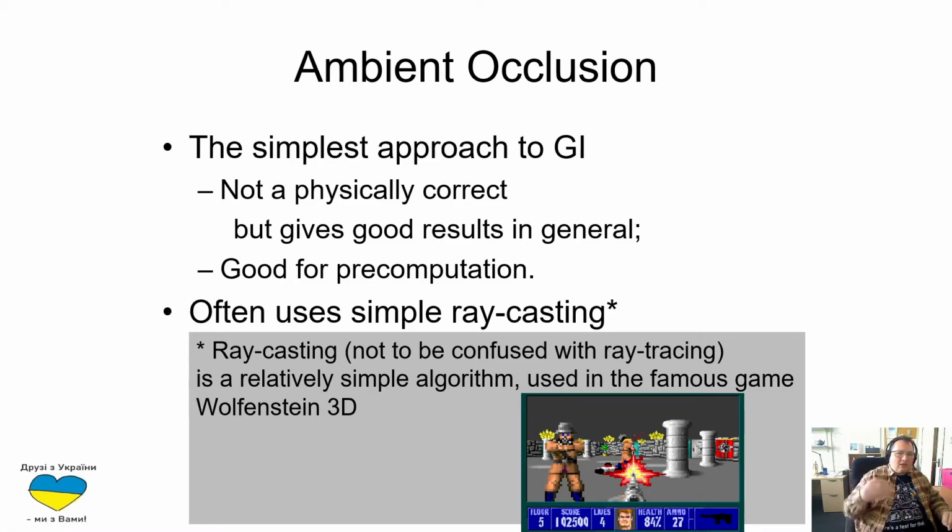Basically, ray casting is scanning the 3D surface in order to find the closest surface to the given surface. And if you discover a surface in close proximity, you can assume that this part of the surface will typically be darker because of shading.